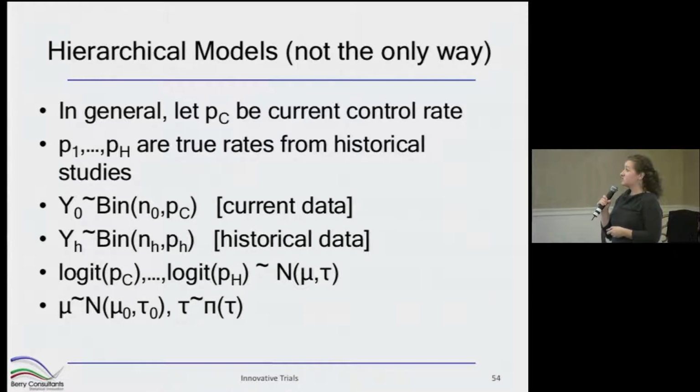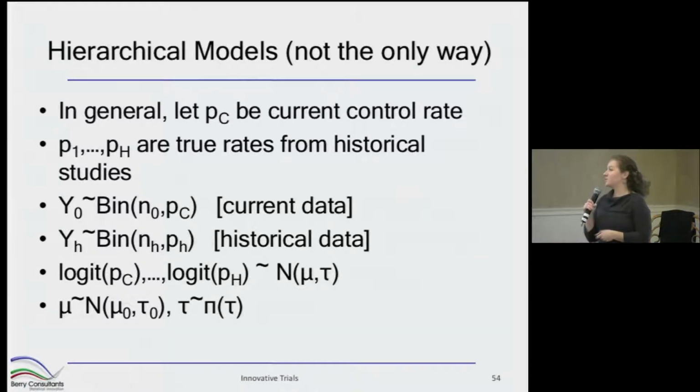What we do is we model the responders. So Y is the number of responders on our current data, and we assume that's binomial. Historical data also has a binomial distribution. And then we assume that this set of historical control rates has a distribution. Here we do the modeling on the logit scale.